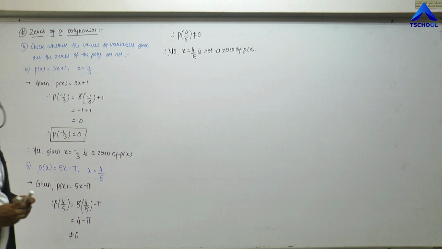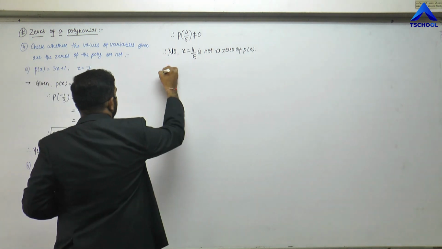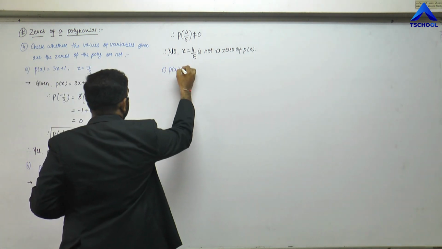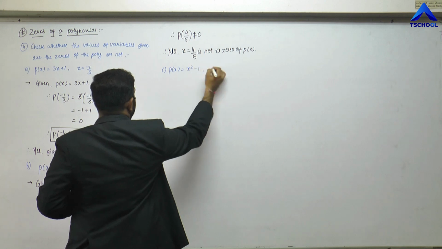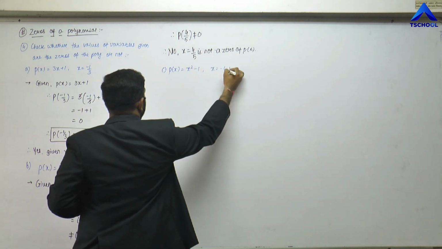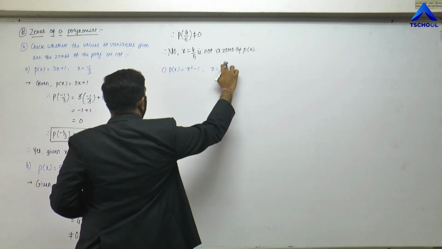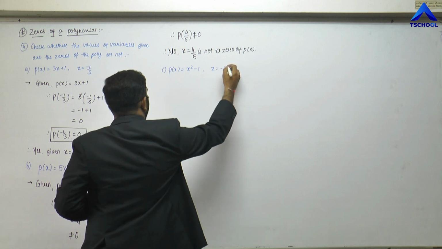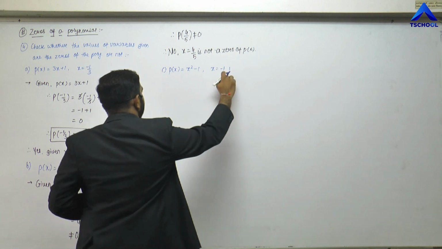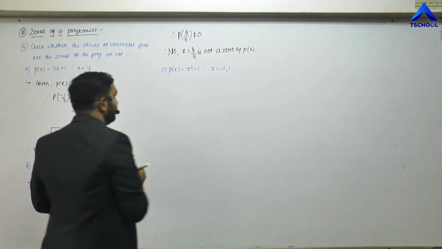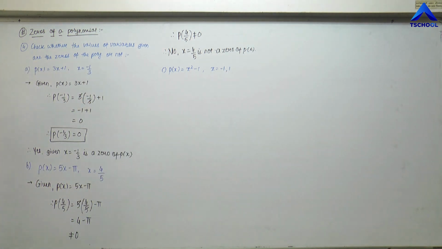So this is how you can write down the conclusion, that whether it is a zero or not a zero. Again, let me write down one more question here, that p of x is equals to x square minus 1 for x equals to minus 1 and 1. We need to check whether both of these, minus 1 and plus 1, are zeros of the given polynomial or not.